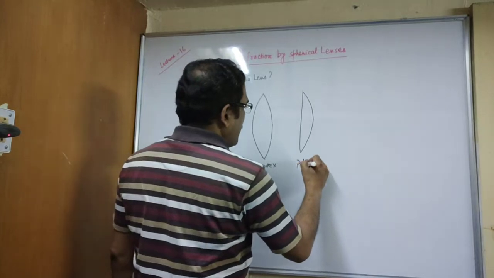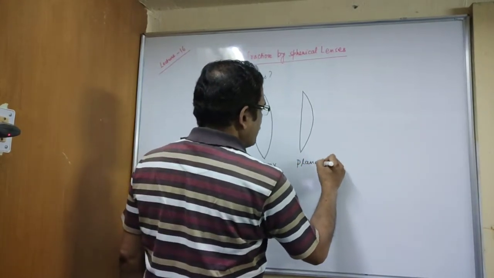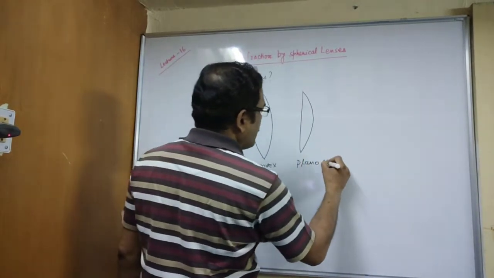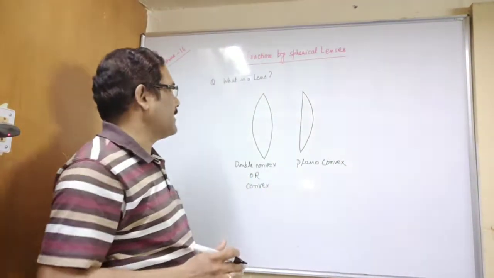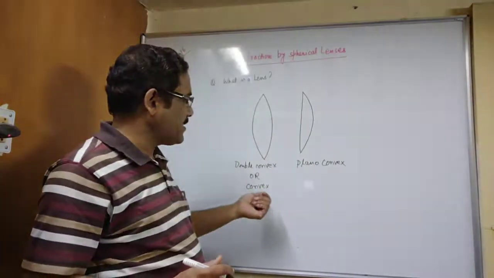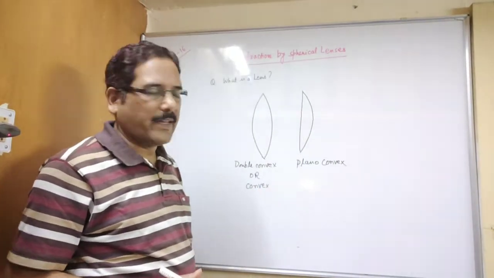This is plano convex, one surface is plane and another is convex. So double convex or plano convex.